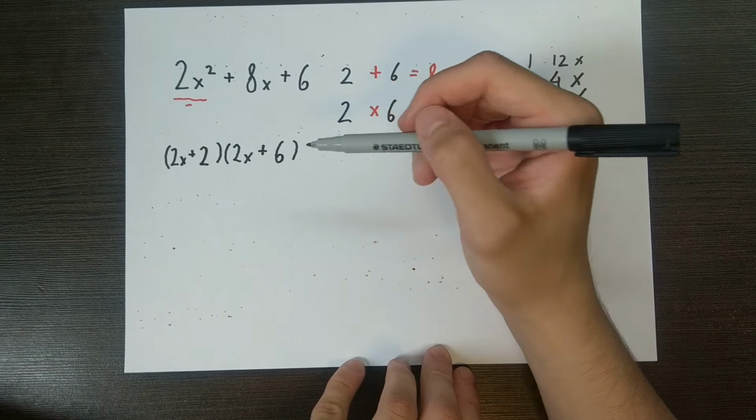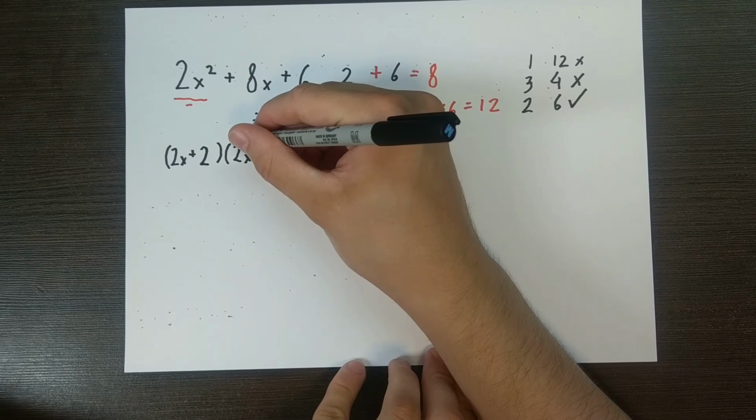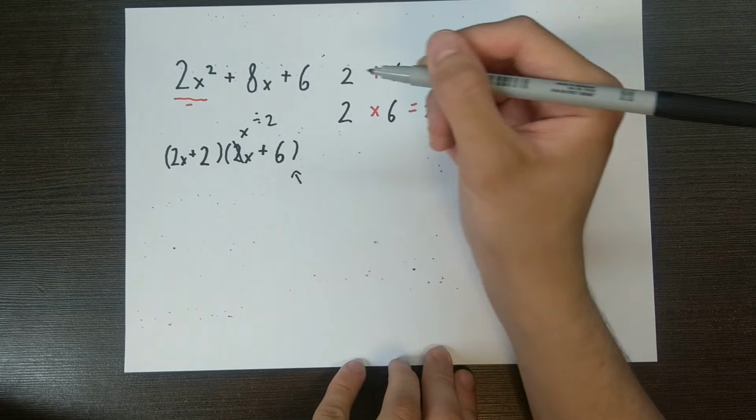So let's take this one. Let's try to shorten this one. We divide 2x by 2, which gives us 1x, so it gives us x. We keep this the same. And we divide 6 by 2. So what does it give us? It gives us a 3. So now we are almost done.